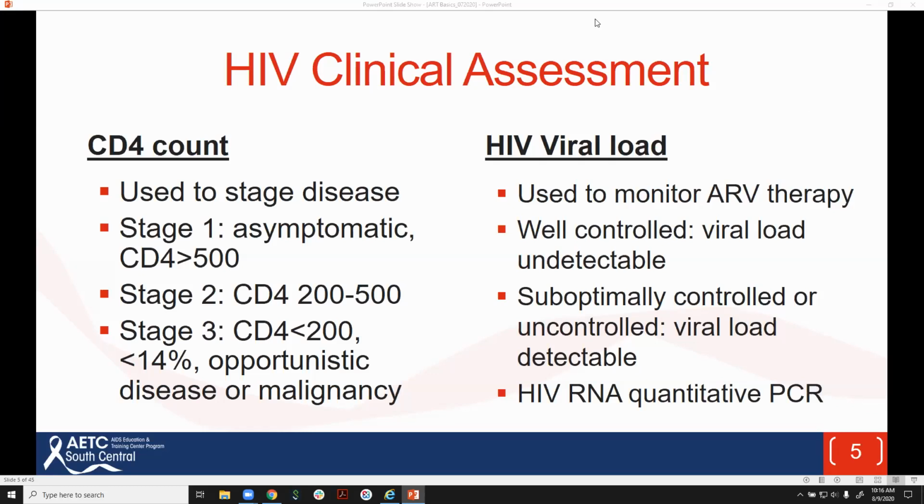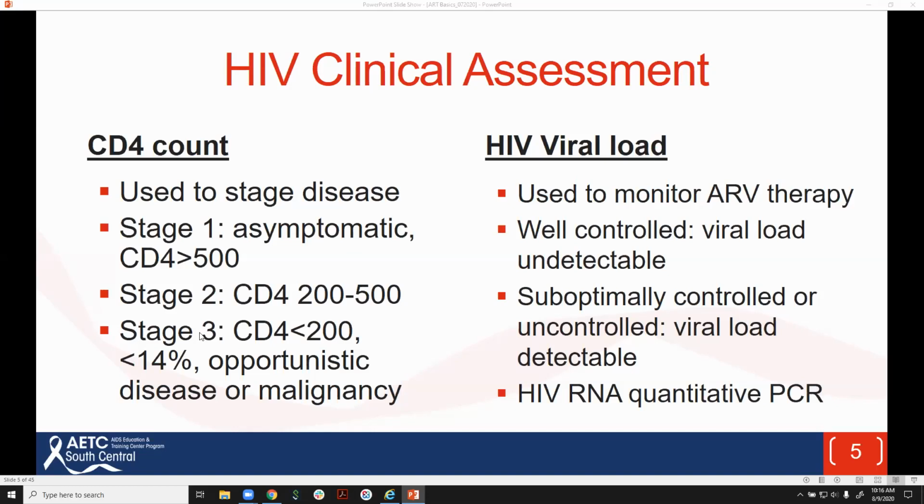So CD4 is used for the stage. Stage 1 is someone who is asymptomatic and their CD4 count is over 500. Stage 2 is a CD4 between 200 and 500. And stage 3 is a CD4 count less than 200 or 14%, or any CD4 count if there's an active opportunistic disease or malignancy.